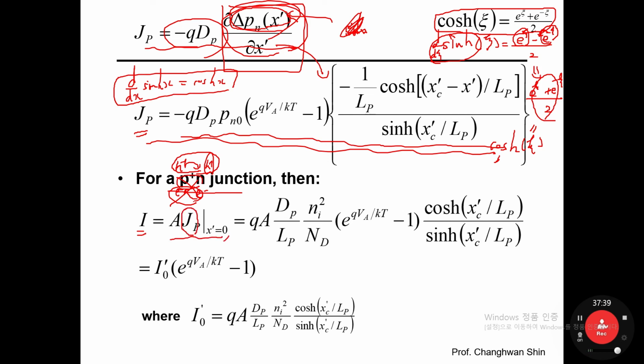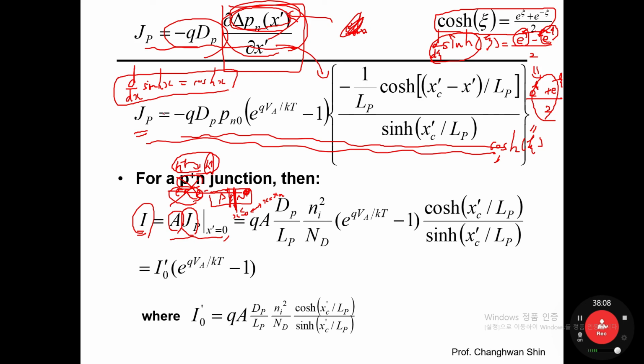J P is a current density, so by multiplying by the cross-sectional area, we get the current. So the current is the cross-sectional area times J sub P at x prime of 0. X prime indicates the P plus N junction depletion layer, so the edge of the depletion layer, x prime equals 0, is identical to x equals x sub n.